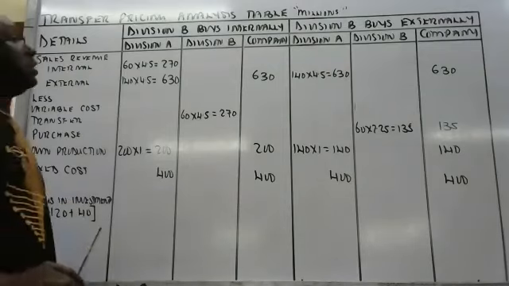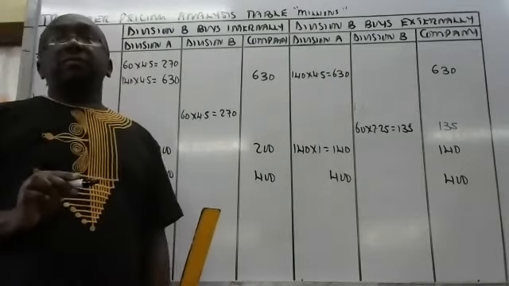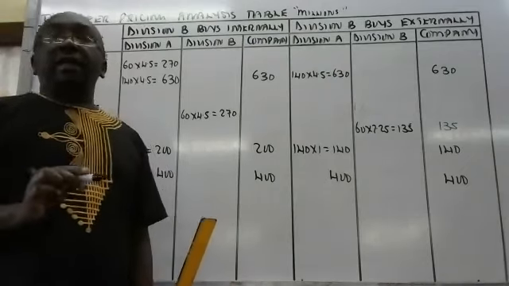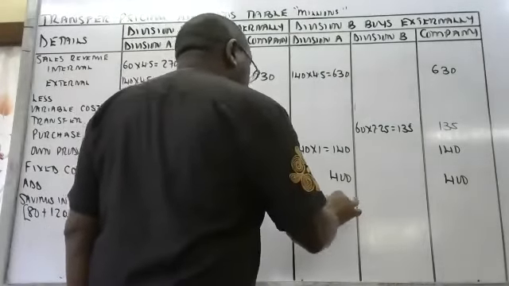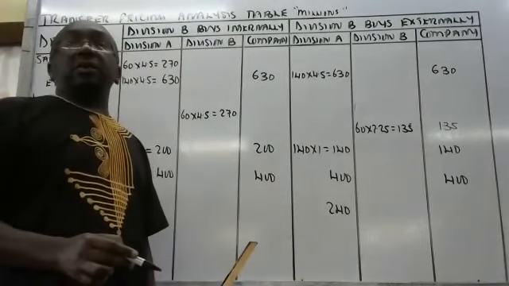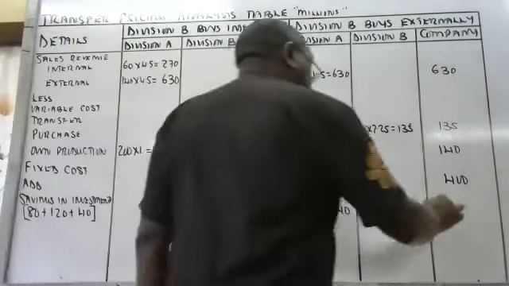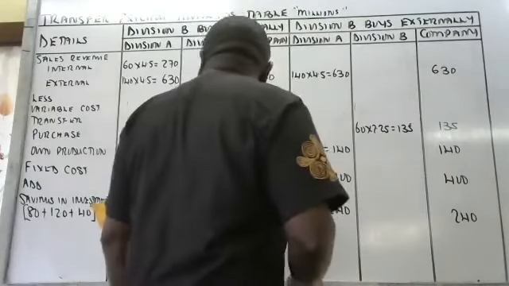That will give us 240. And that is going to division A. Because it is a saving, it will also affect the company.